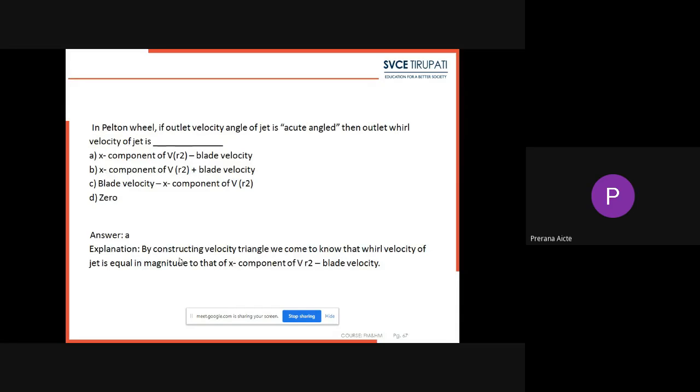Next one, in a Pelton wheel, if the outlet velocity angle of the jet is an acute angle, then the outlet whirl velocity of the jet is the x component of VR2 minus the blade velocity. Why? Because by constructing the velocity triangle, we come to know that the whirl velocity of the jet is equal in magnitude to the x component of VR2 minus the blade velocity.